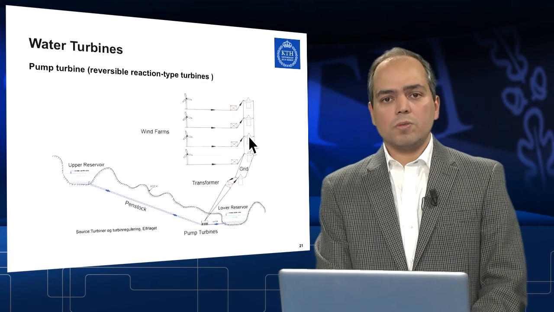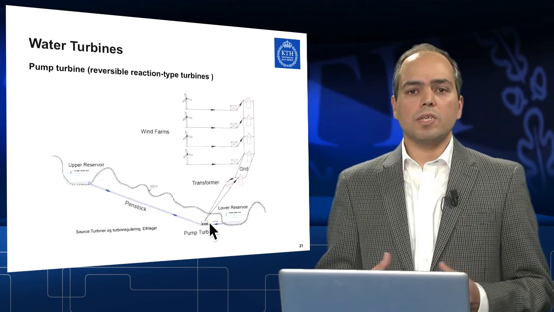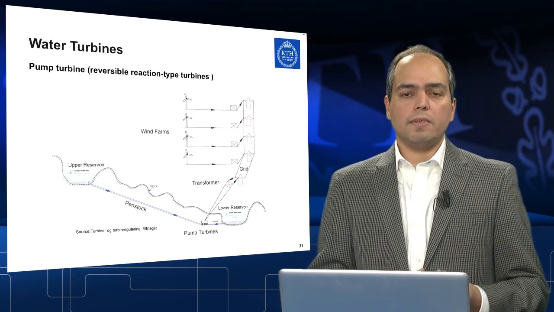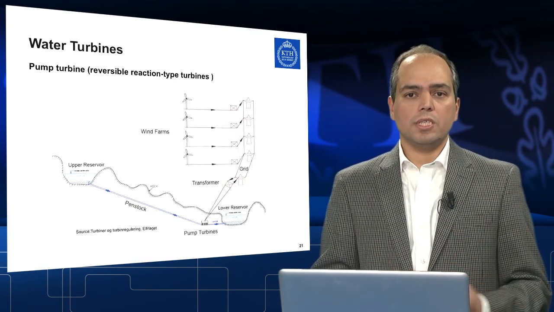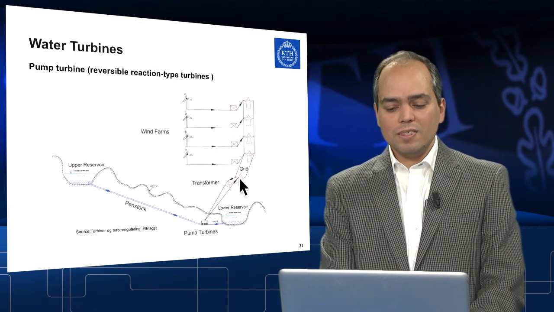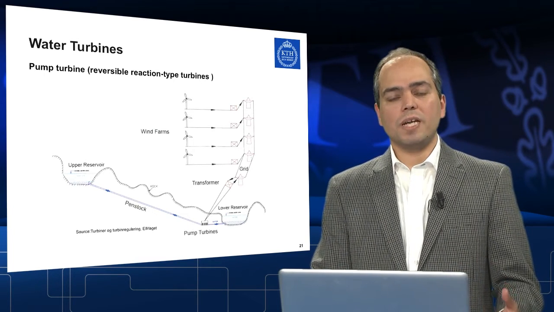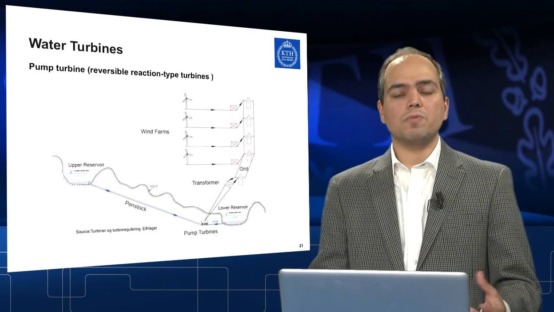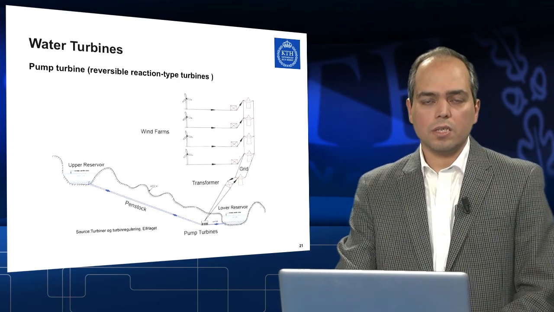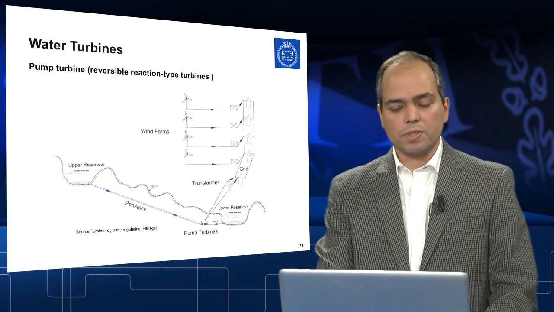It could be a national grid or a regional grid. So this pump turbine could be used for peak shaving or as a source of electricity during no-wind days when the wind farms are not producing. This is an idea of coupling a hydropower plant to wind farms and making the electricity network more stable. There is a lot of ongoing research and study for these kinds of schemes these days.